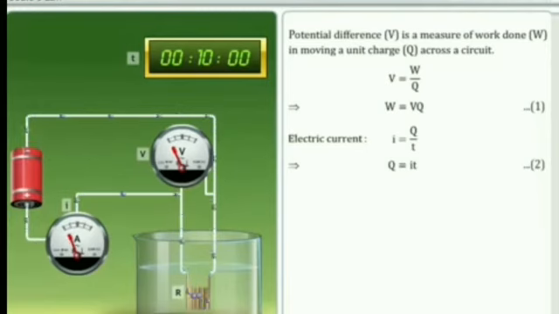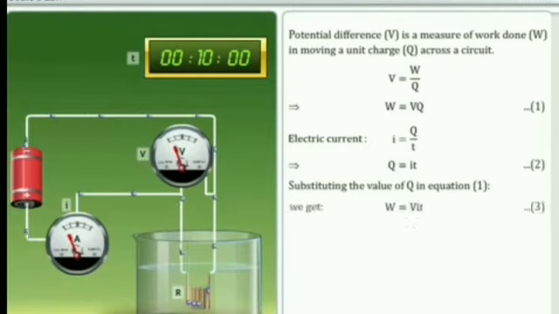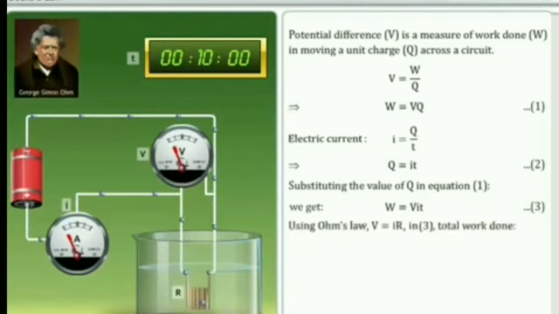Now substitute Q in equation 1. You will get W = VIT. Take it as equation number 3. Now apply Ohm's law to this equation. You know that according to Ohm's law, V = IR. So the total work done will be equal to I²RT.